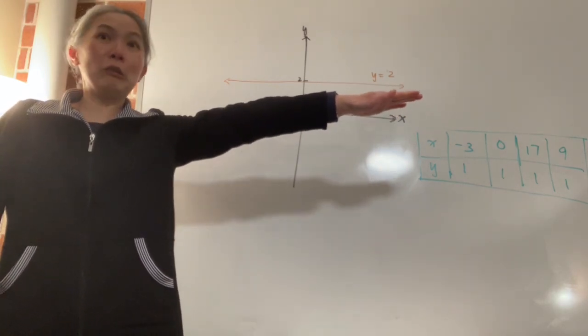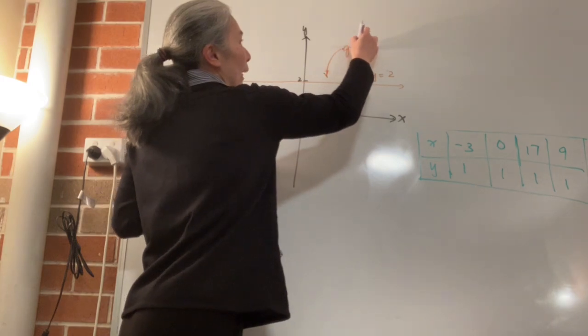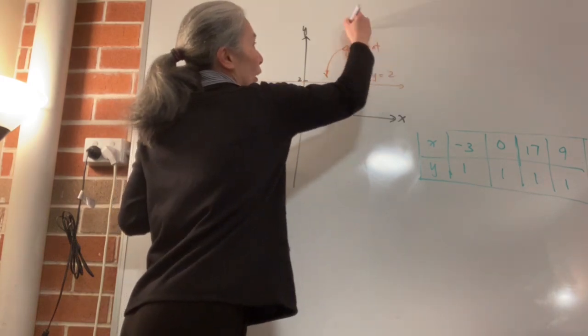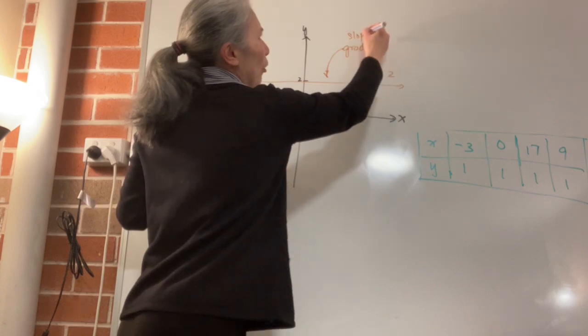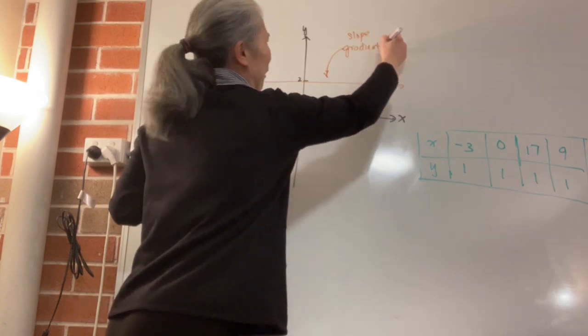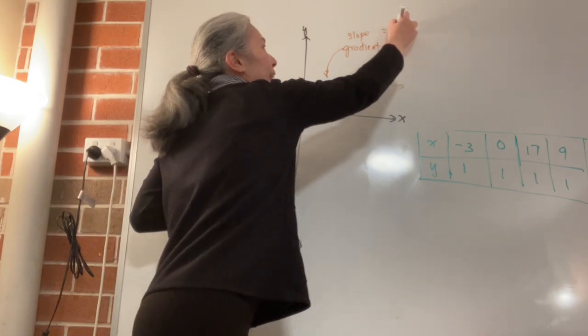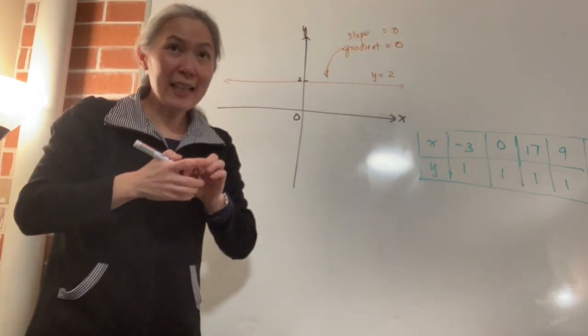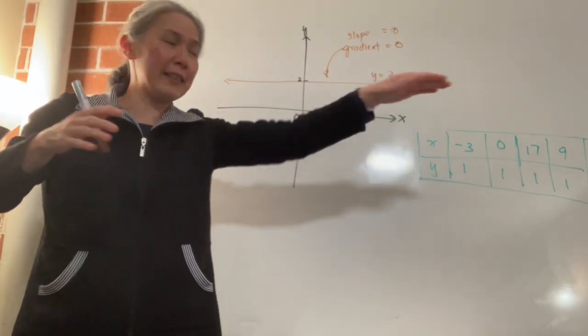No. Slope means gradient. So if you are looking at gradient, that means you are looking at the slope. S-L-O-P-E. And anything flat, the slope is going to be equal to 0. Remember, anything flat, the gradient is 0.